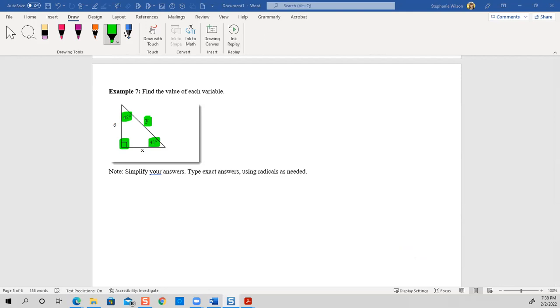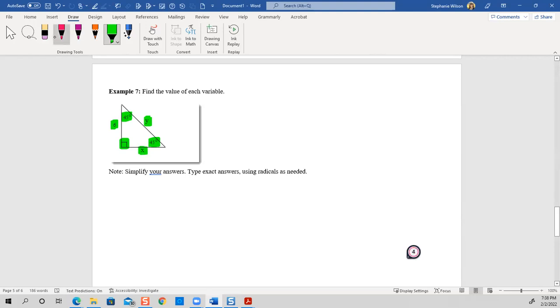So let's look at it. The hypotenuse side, and this one is going to make me work for it. Okay, so we have 6 for my adjacent.